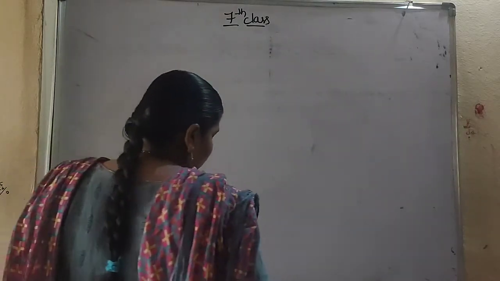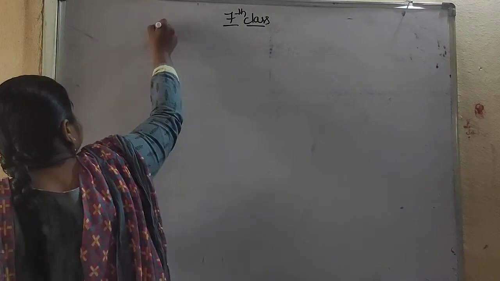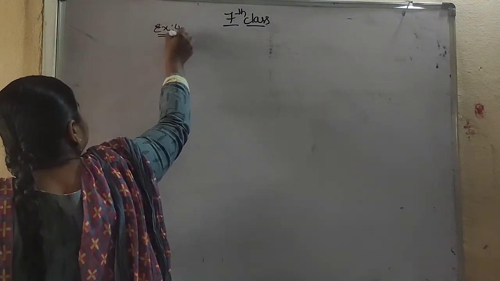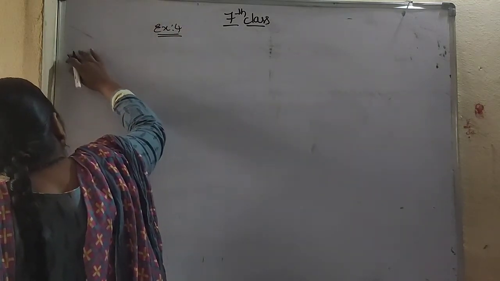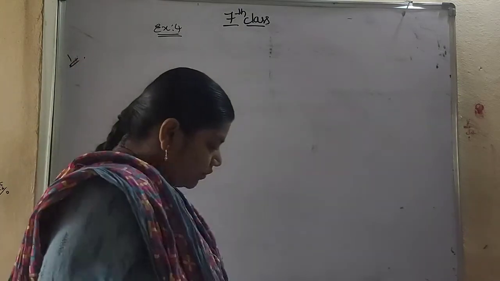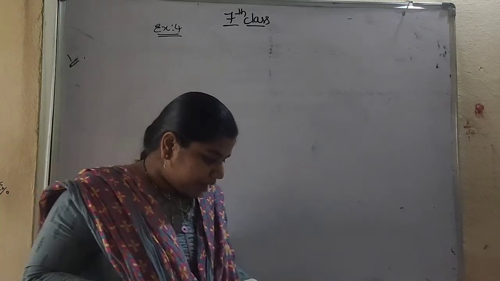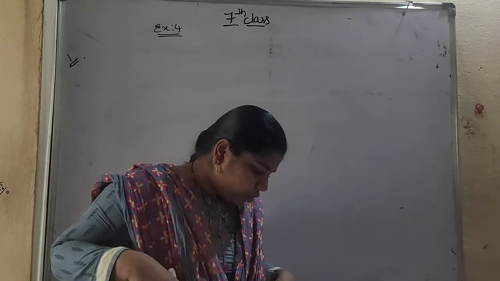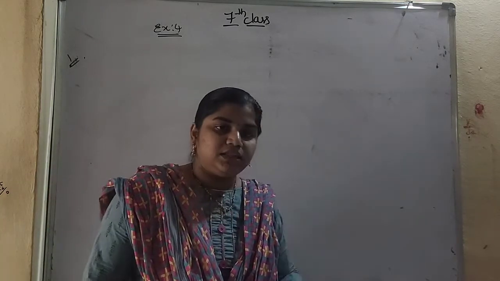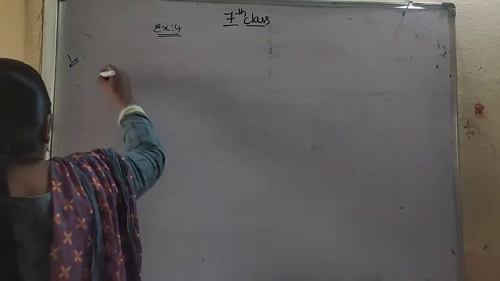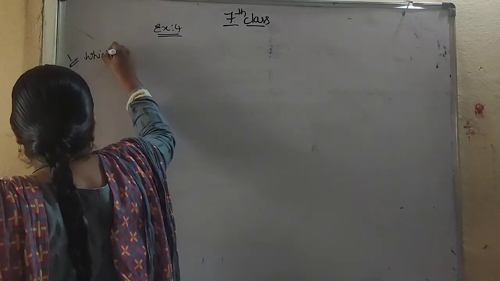Exercise 4. First one: which of the following are adjacent angles? So we have to tell which are adjacent angles.